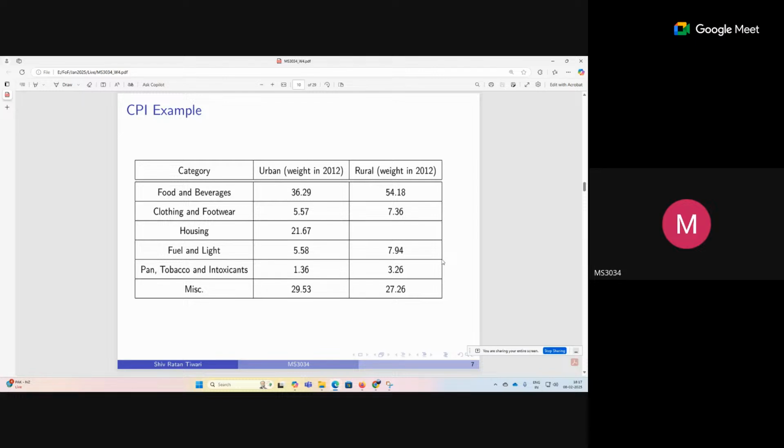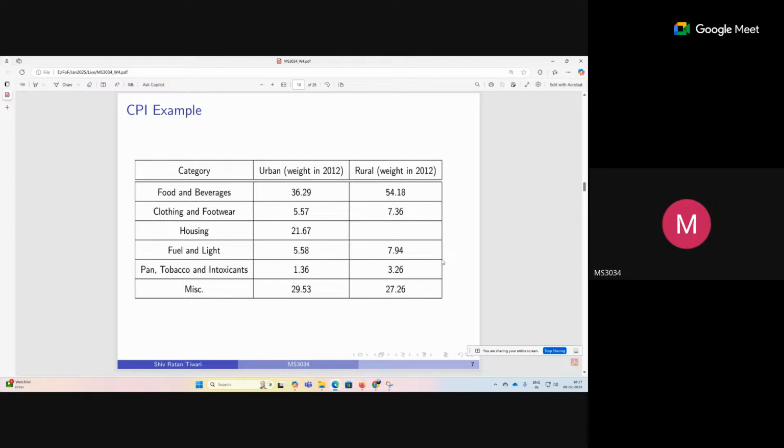So what do we mean by base year? By base year, we mean that whatever price index we get, we normalize that to equal 100. We will see an example of that. And as I discussed slightly ago, we fix a consumption basket.